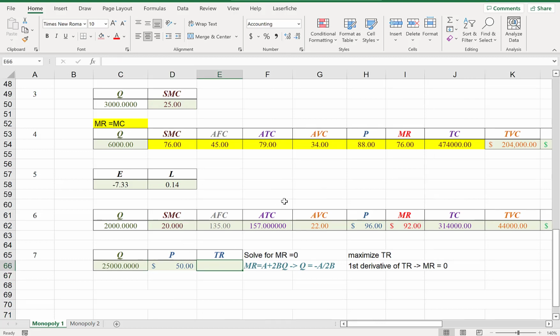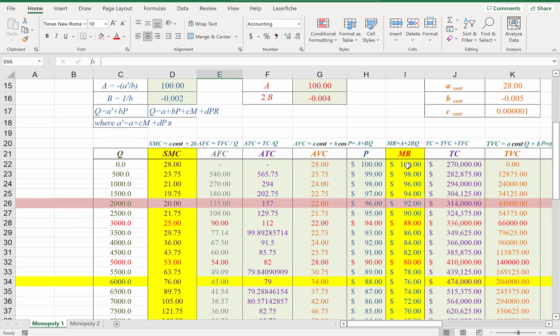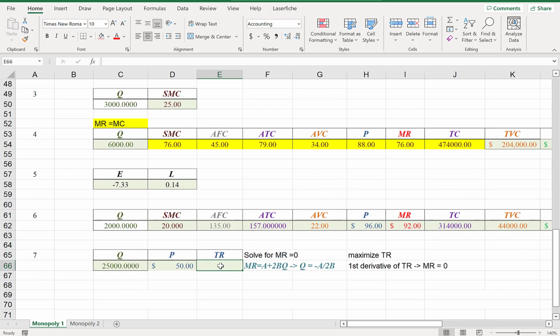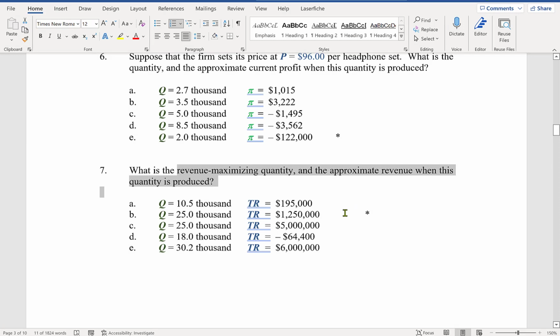And what's total revenue here? Total revenue is price times quantity, so your total revenue is going to be $1,250,000. That's right here, 25,000, $1,250,000.